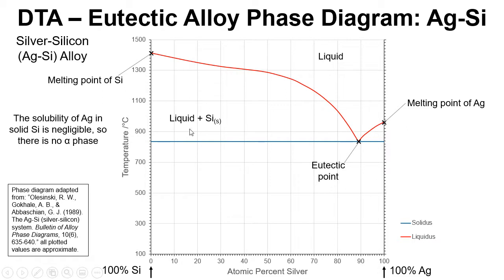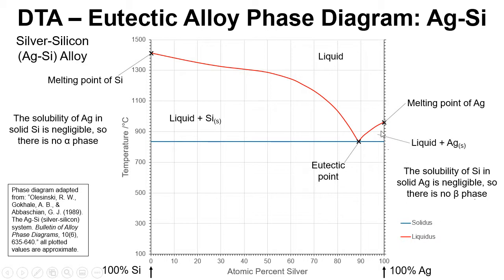So we just have liquid, which is a mixture of silver and silicon liquid, and then we also have solid silicon. Also the solubility of silicon in solid silver is negligible, so we have no beta phase. So again, in this region we have a liquid, which is liquid silver and liquid silicon, plus silver solid.